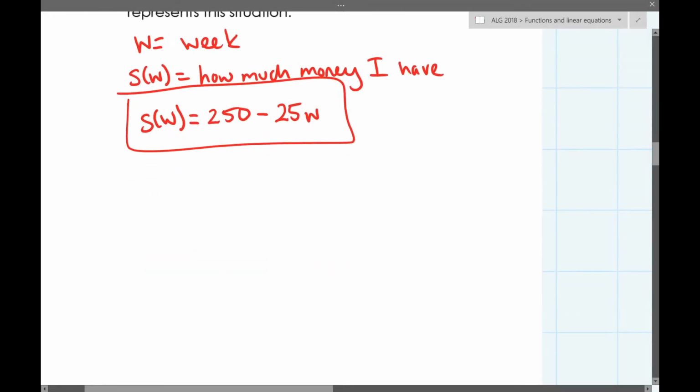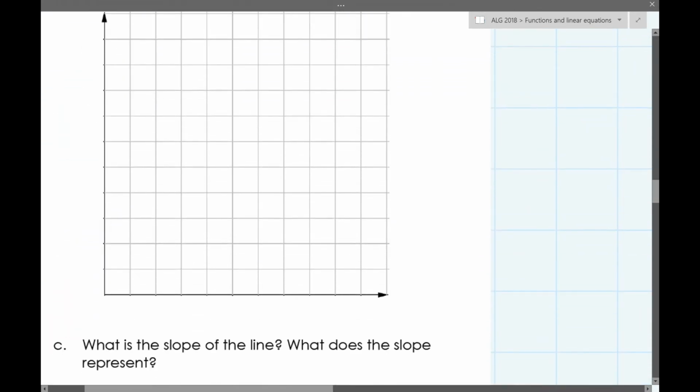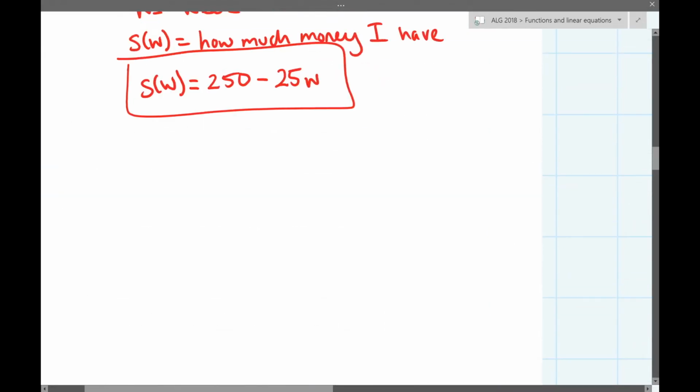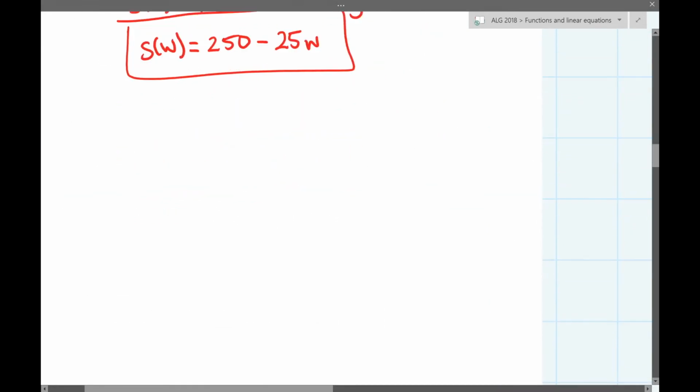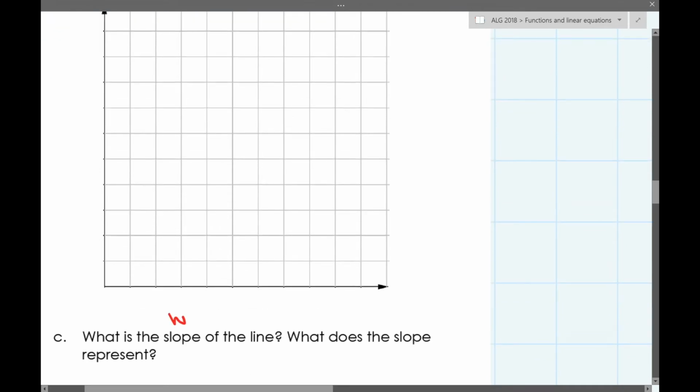Alright, let's move on. Again, if I'm going too fast, you can pause it and move on. Remember that these variables up here that we just made are our variables down here. So the x-axis is going to be weeks.